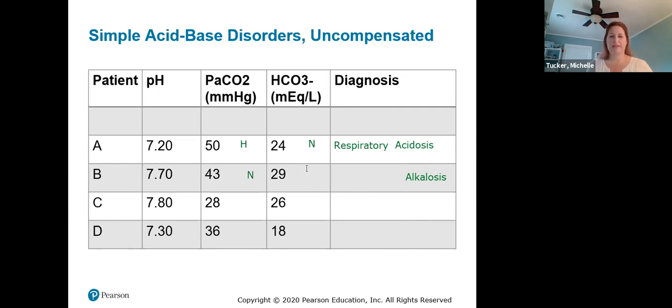Bicarbonate is high, normal, or low. And so, as you said, it is metabolic acidosis. Okay. Then we go to C, and is this acidosis or alkalosis? Very good. And then is PCO2 high, normal, or low?